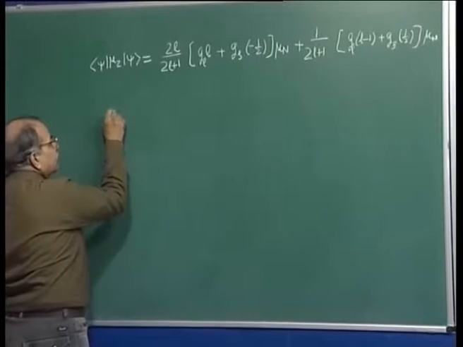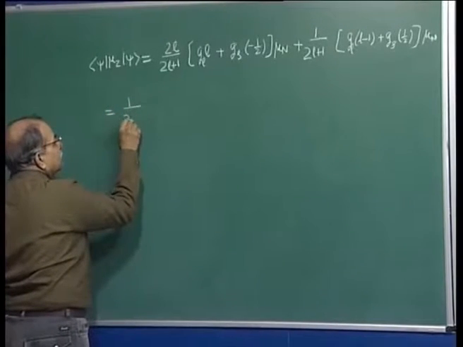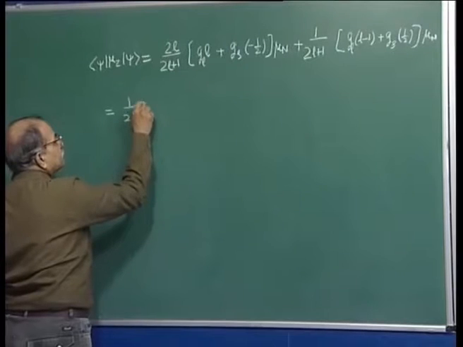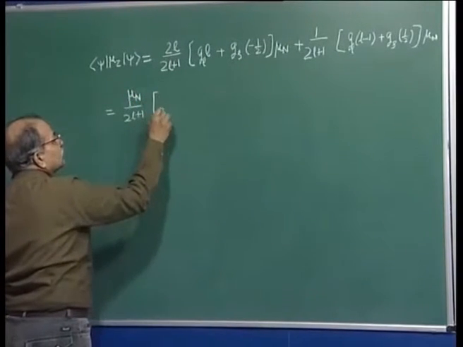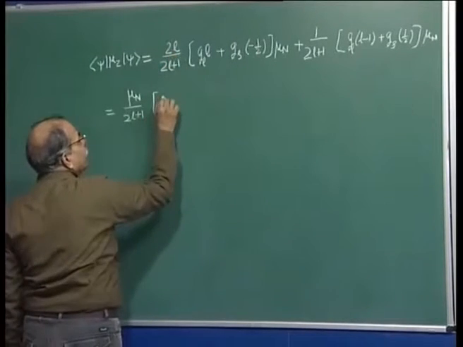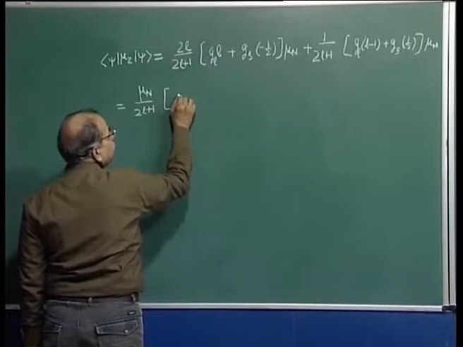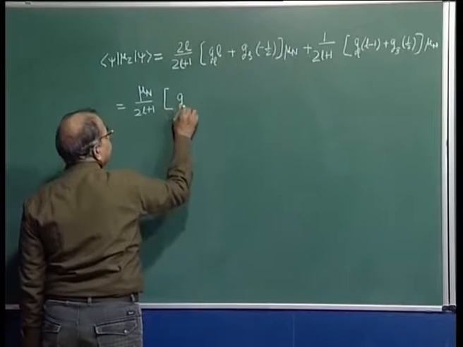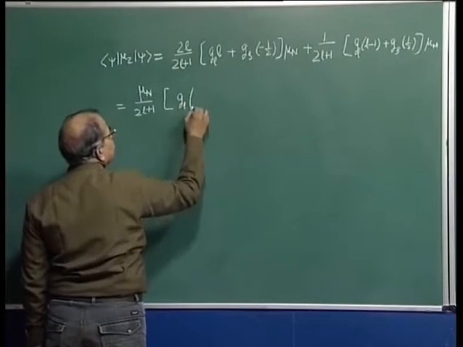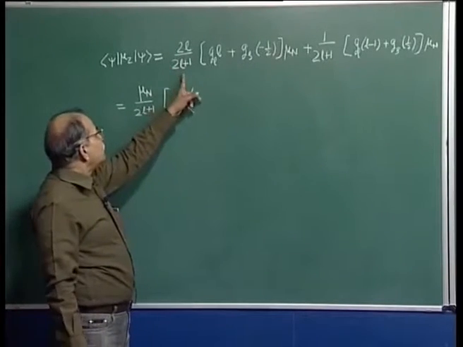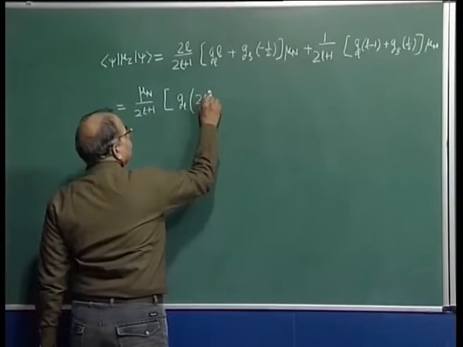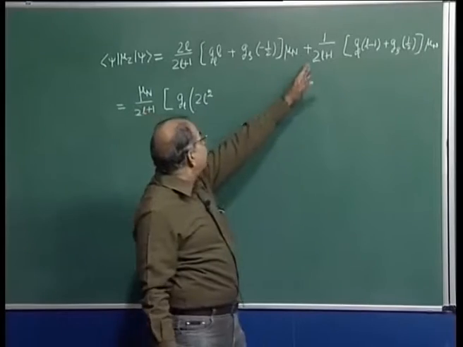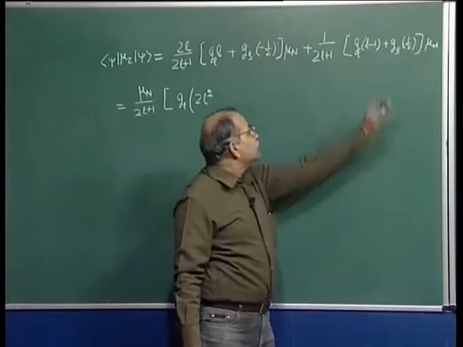So, take this 1 by 2L plus 1 common, and mu n also we can take common here, and then you have 2L. So, collect all the GL, both GL at one place. So, this I have taken out. So, it is 2L square from here, and from here I have taken this out plus L minus 1.